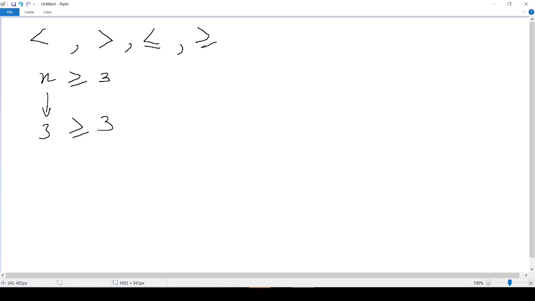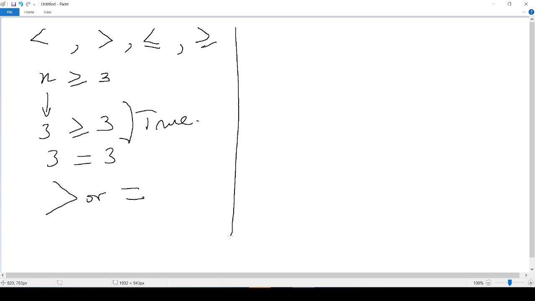And what makes this true is the equal sign associated to the greater sign. 3 equals 3, so because of the equals, this is true. Also, the inequality says greater or equal, right?